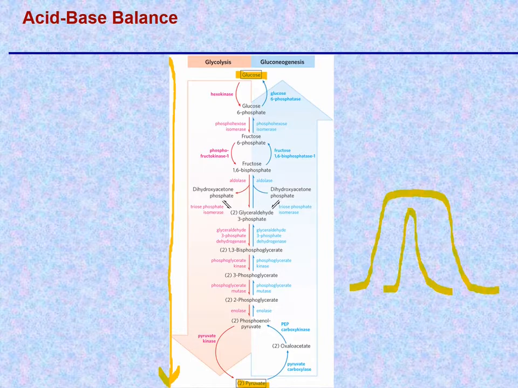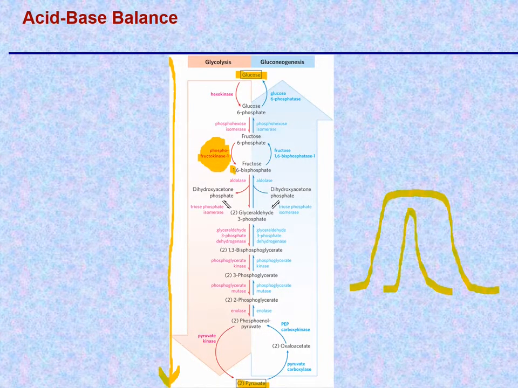The most pH sensitive enzyme in this pathway of glycolysis is phosphofructokinase, which phosphorylates fructose at the 1 carbon position. If this enzyme is inhibited, then the pathway will stop. It'll shut down.